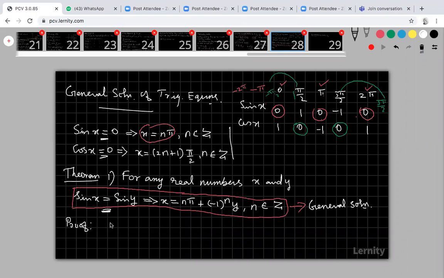So I can take this as sin x minus sin y equal to 0. Are you okay? What is the sin C minus sin D formula? We have discussed so many identities.